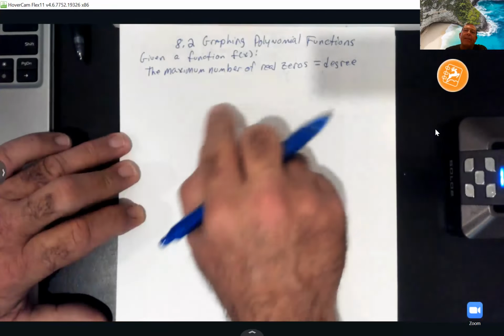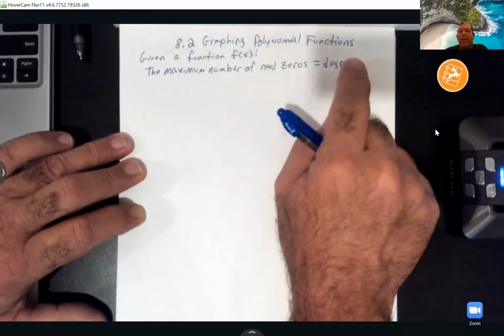It could have less because remember, sometimes when we did the quadratic formula, we got imaginary answers. So all the zeros might not be real. You might have some imaginary ones also, but this is telling me that the maximum number of real zeros, if they're all real, is equal to that degree.